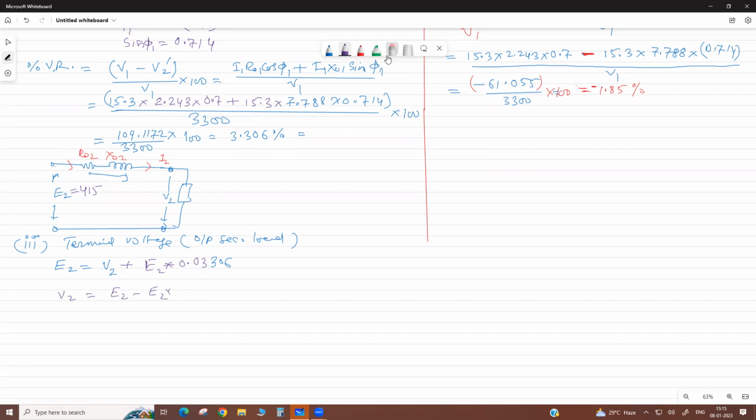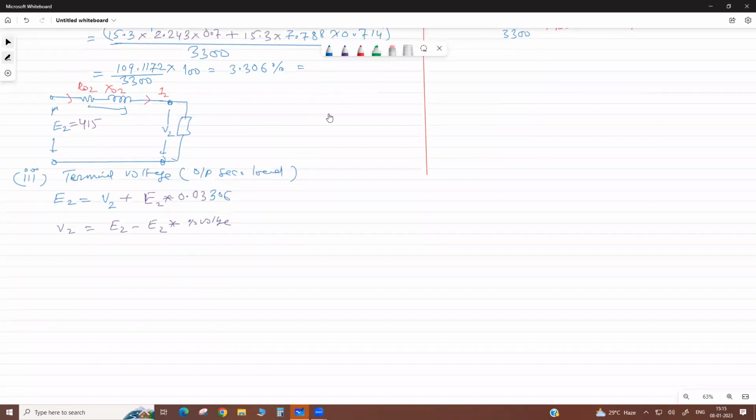Now we put the values: this is 415 minus 415 into 0.03306.